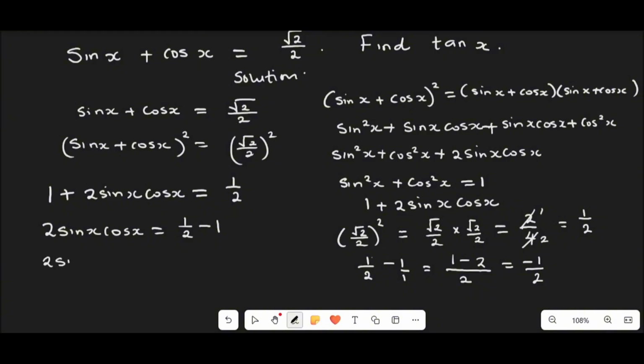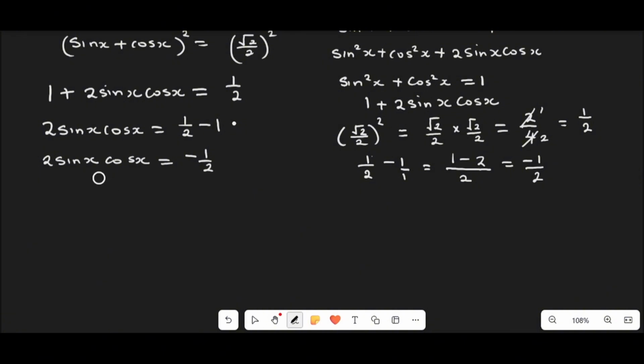2 sin x cos x equal to minus 1 over 2. So the next thing we have to do, let us divide both sides of the equation by 2. So this one will be over 2. This one is divided by 2. 2 here 1, 2 here 1.